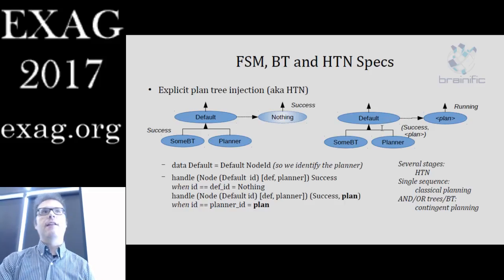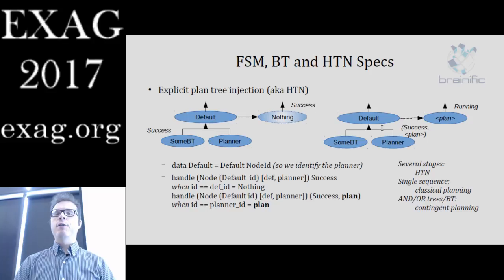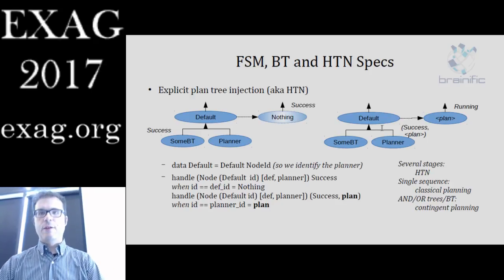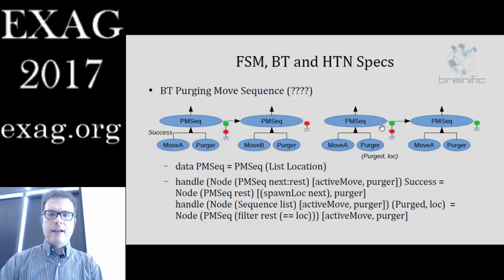This process turns itself into another process, which was the output of a plan. And in this plan, you could repeat the process in several stages and carry out some kind of HTN-like process, or return a single sequence if you use classical planning, or return the usual and/or trees, or sequence and selection, if you want to do contingent planning. So it's a bit of plug and play.